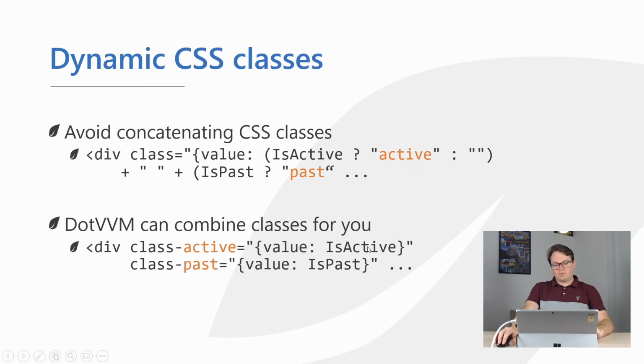So if under this you had, for example, a checkbox bound to IsActive, when you click the checkbox, the change will be propagated immediately, so the div will get the active class. And if there are multiple classes, they will be concatenated and separated with a space, so it will work. This is a very nice feature. It can simplify these long expressions.